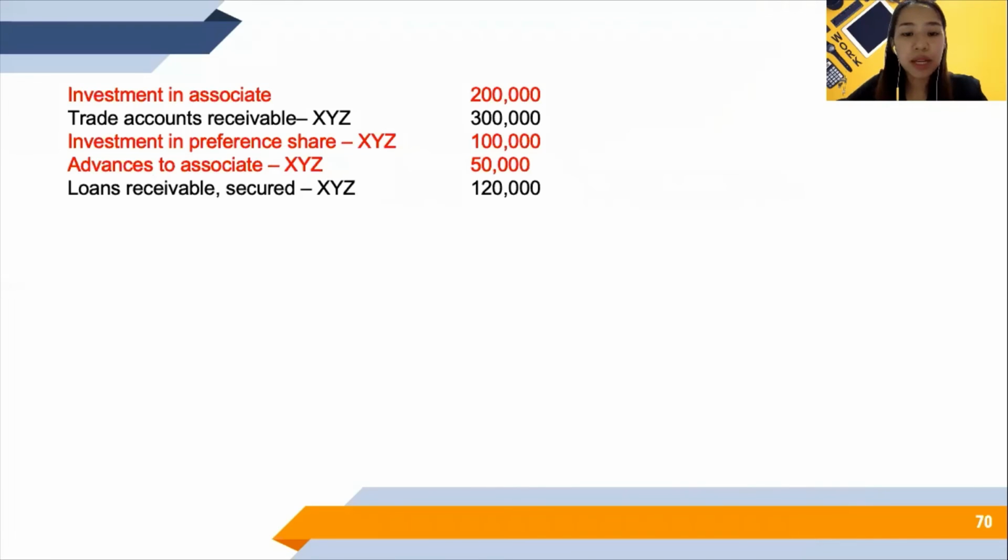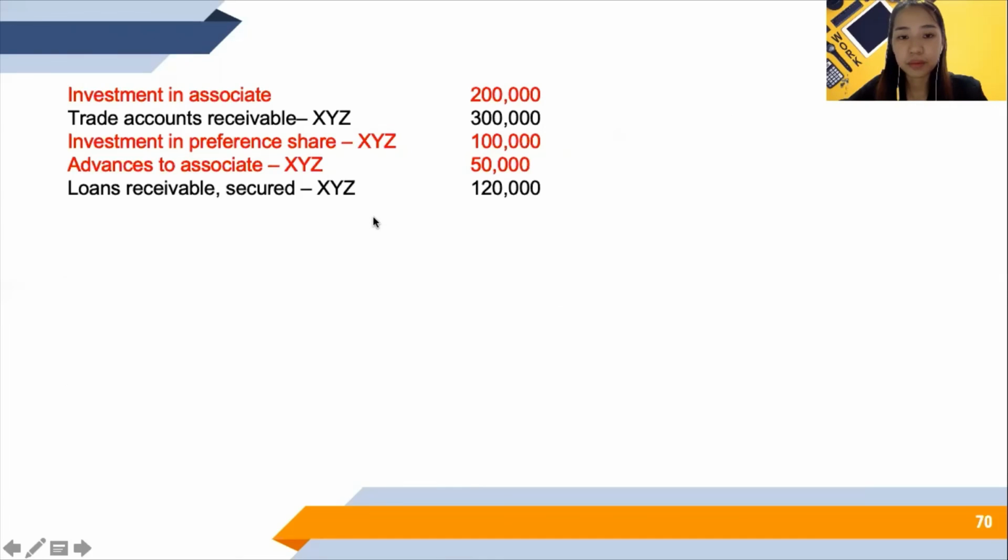So, ang kasama lang dito para makompute yung interest in the associate natin is yung investment in associate na 200,000, at yung investment in preference share na 100,000, at yung advances to associate na 50,000. Yung loans receivable naman is hindi siya kasama because only long-term receivable that are not secured ang kasama.